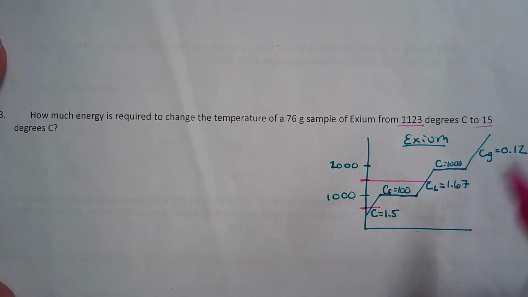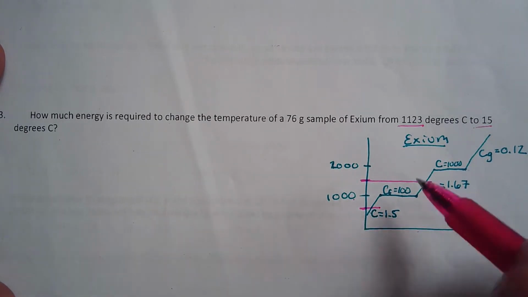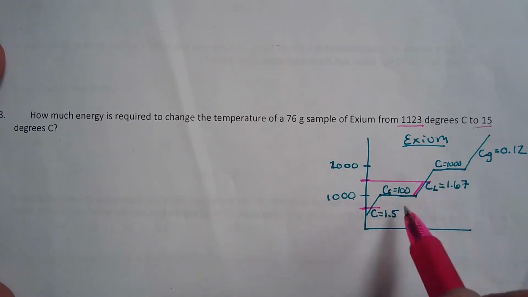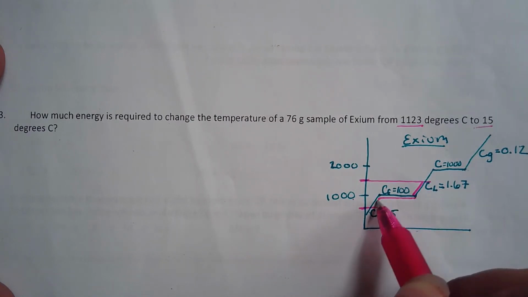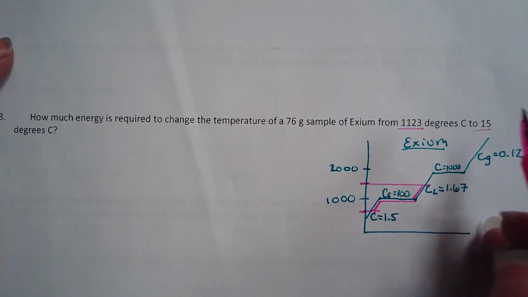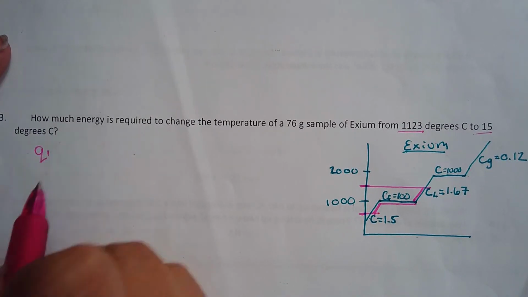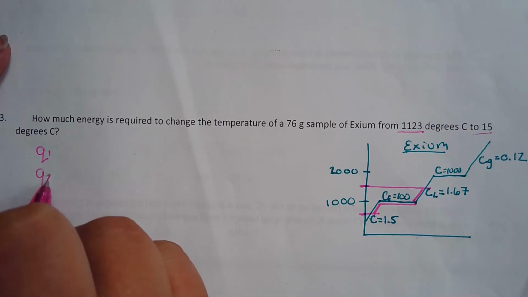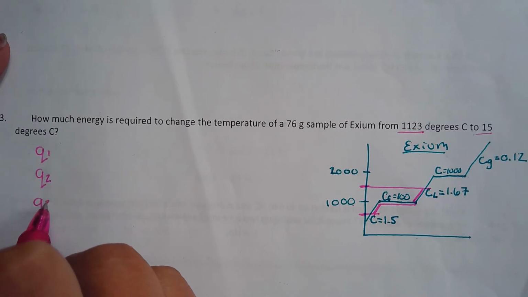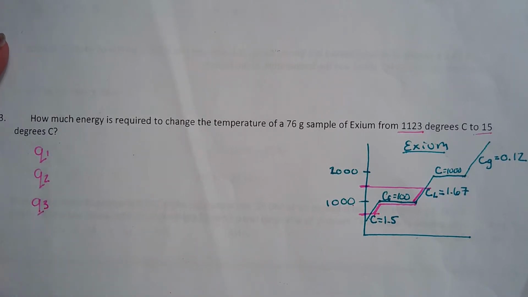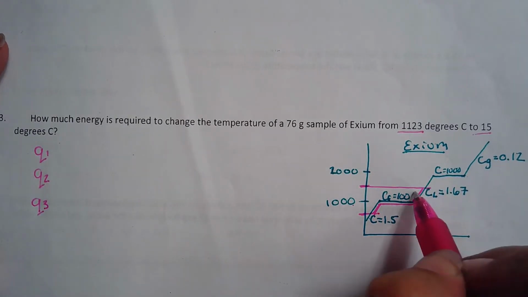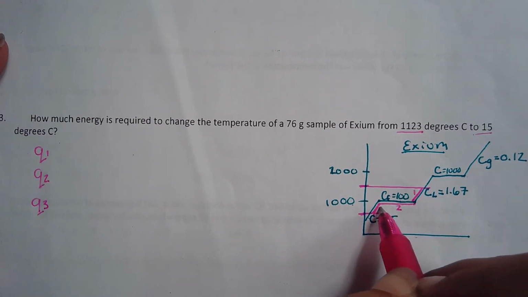We're just doing this to figure out how many steps we need. So here we have 1, 2, 3 steps. So here again, we're going to do Q1, Q2, and Q3. This will be 1, this will be 2, and this will be 3.